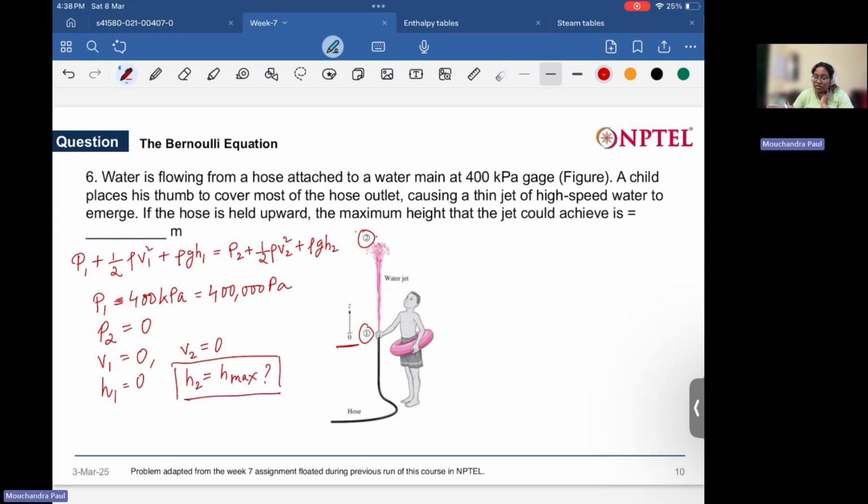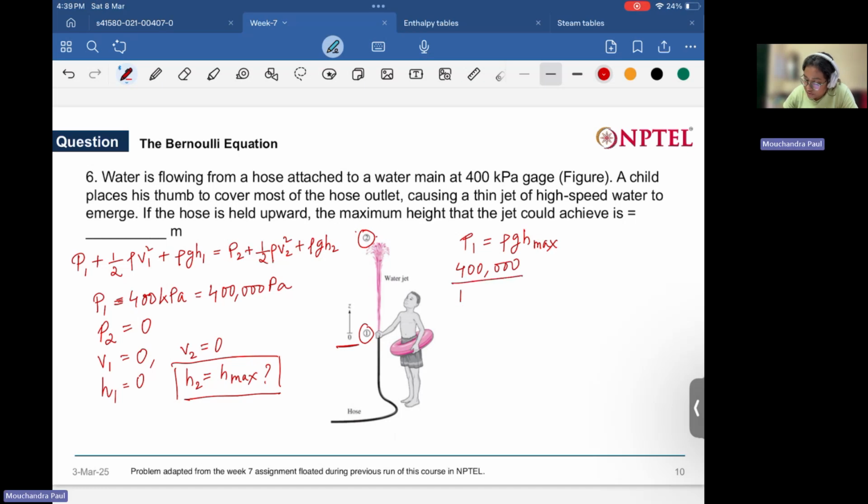If you take all these assumptions and put the values in the Bernoulli equation, you should get P1 is equal to rho G H2 or H max. So P1, you know, is 400,000.